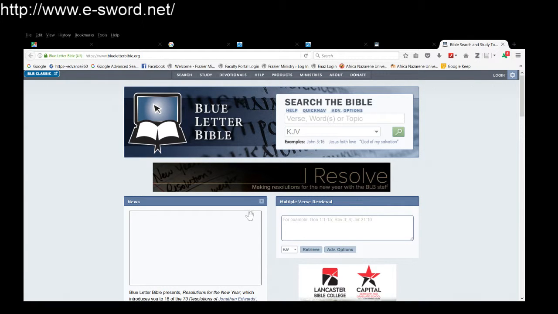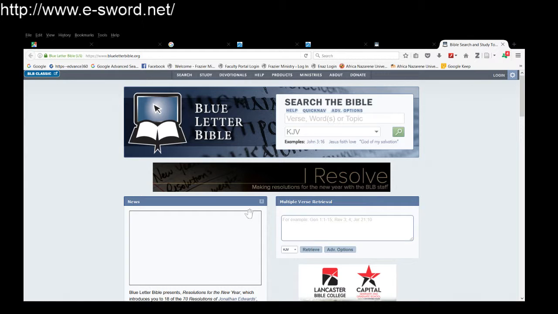And so what I want to do is just point out how you can use this numbering system in order to get to the Greek words, because these numbers point you toward the Greek text.